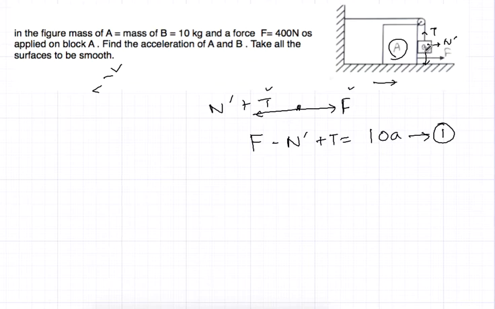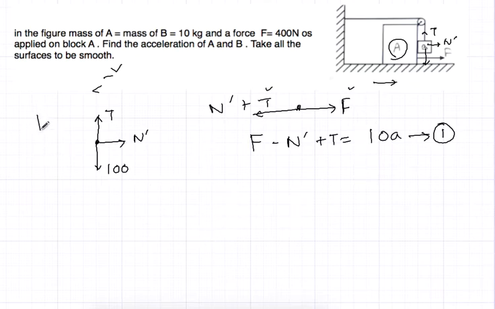This F will definitely not act on B because F has no contact with B. So there are three forces: N dash, T upward, and mg. mg is 100 because it's a 10 kg mass, so 10 into 10 is 100.